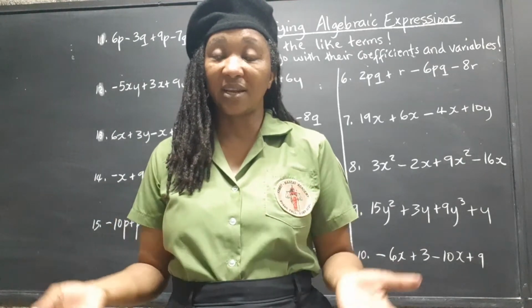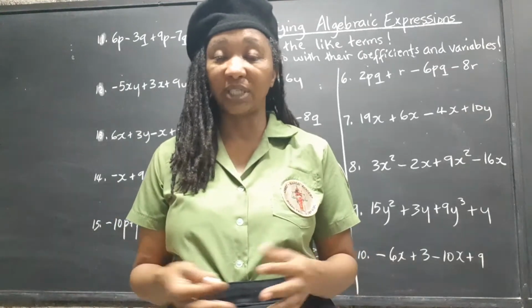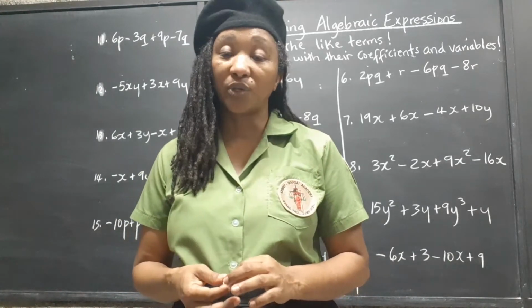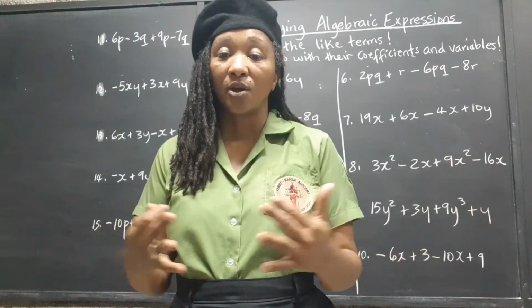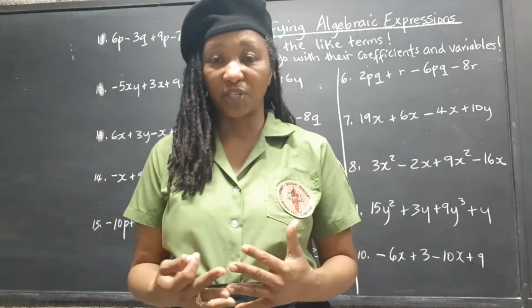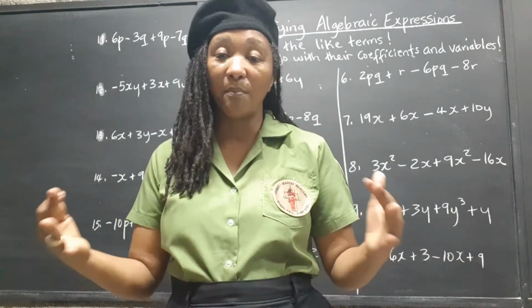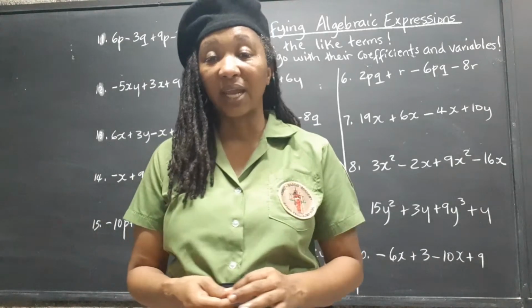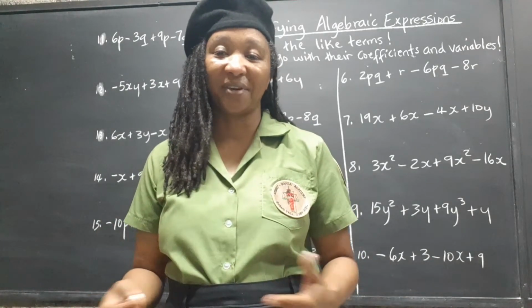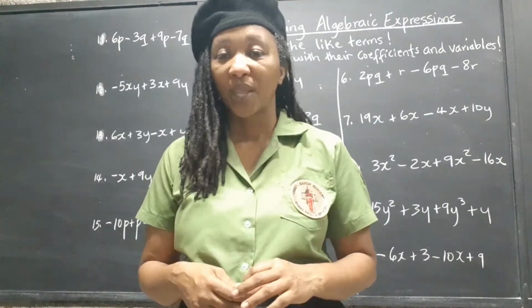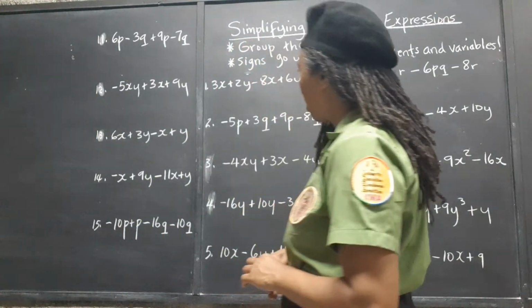We're not finding the value of x or y or whichever of the variables. What we're really doing is just contracting the expressions, making them simpler, putting the terms that are alike, combining those terms, and making the expressions simpler, prettier to look at. So let's go.